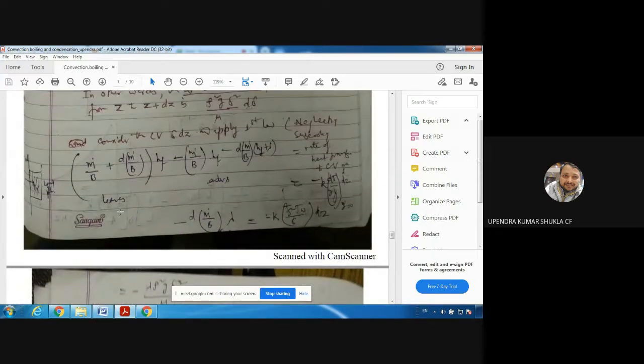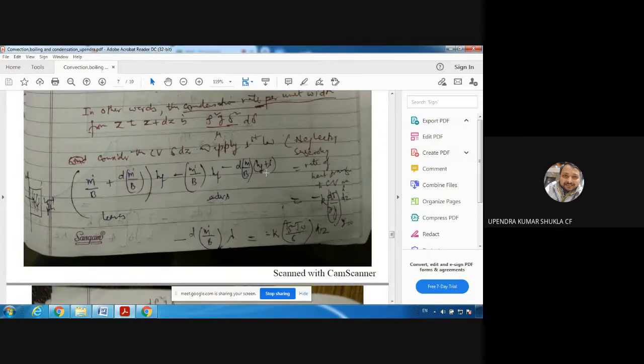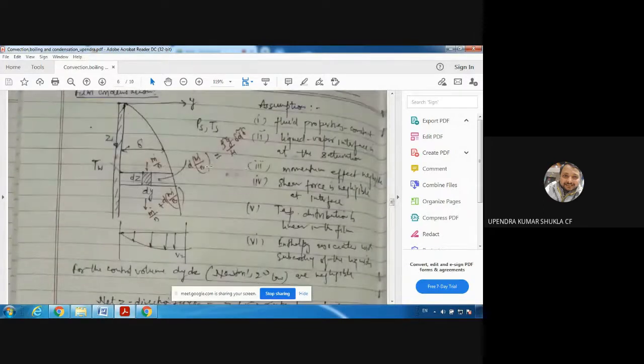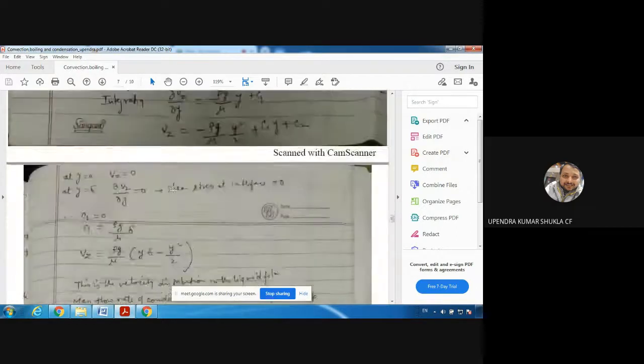So the control volume leaves with m dot by b hf plus d m dot by b hf, minus this, and hf plus lambda, because this is related to the condensate. Right here, for this d m dot by b, you will find hf plus lambda, meaning the latent heat of condensation also, because at this interface condensation will occur.